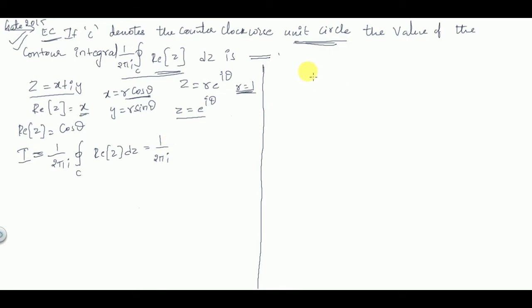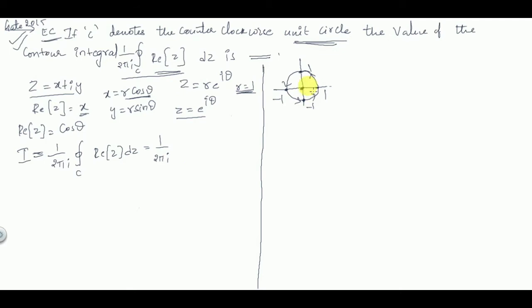So the closed contour will be like this. This is the unit circle, in the counterclockwise direction. This is the unit circle of radius 1. So here it is -1, and here it is 1, here it is -1 again.